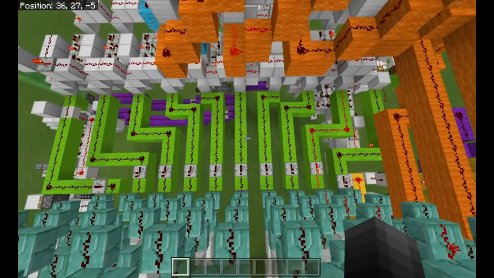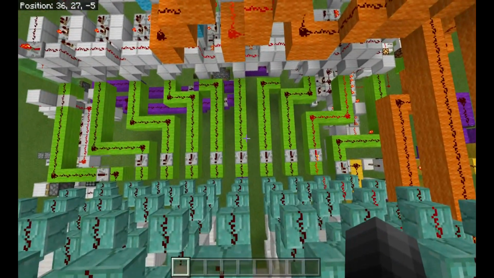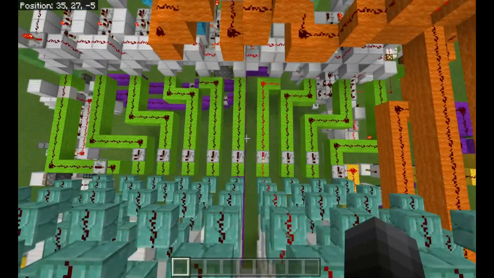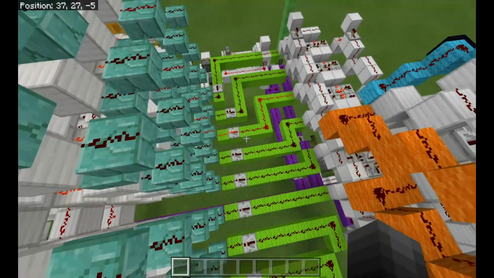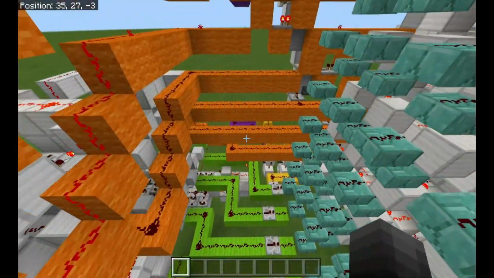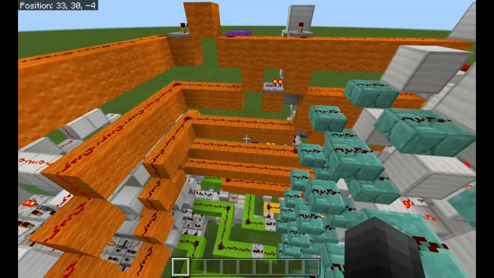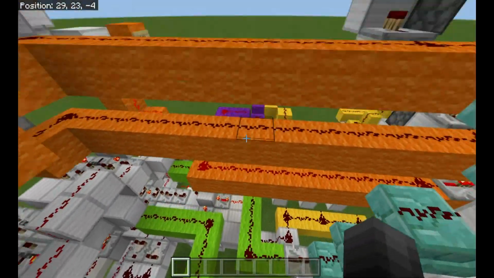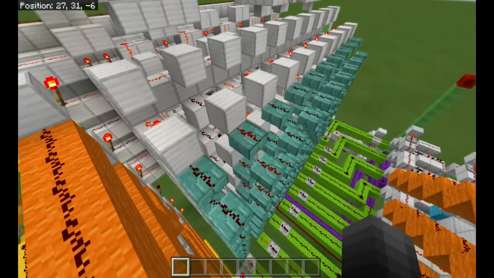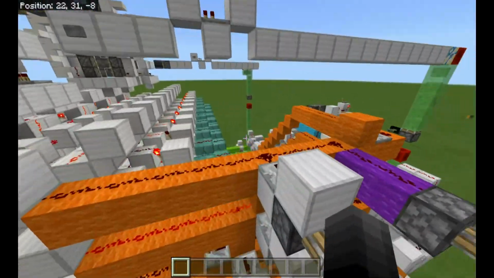You can see here that's what the green circuit is doing. The green circuit's going along the sides, so that's our x coordinate. And then the orange circuit here is our y coordinate, so that's going up and down.